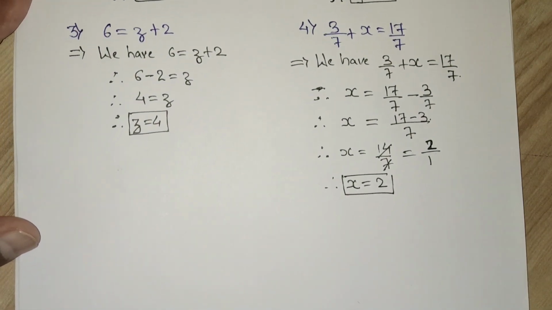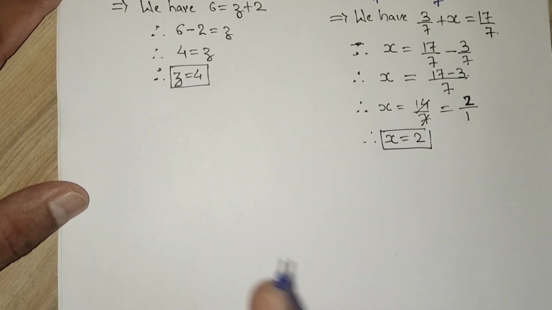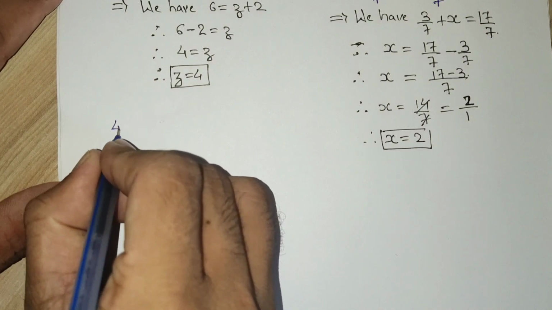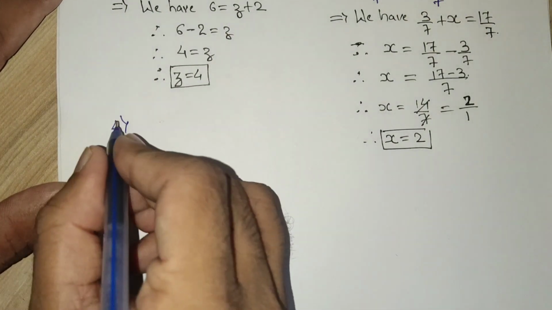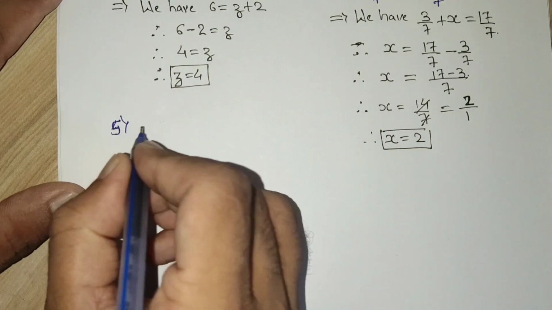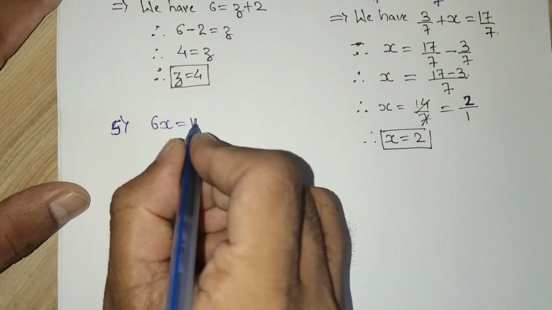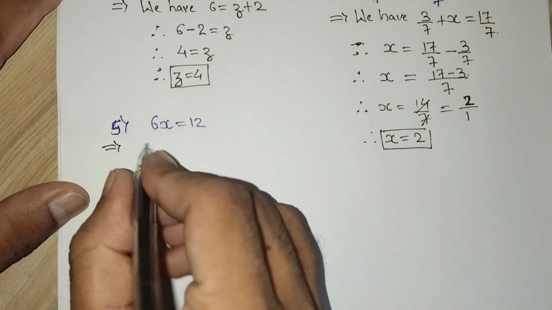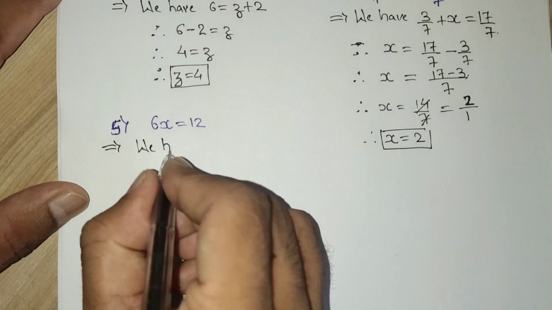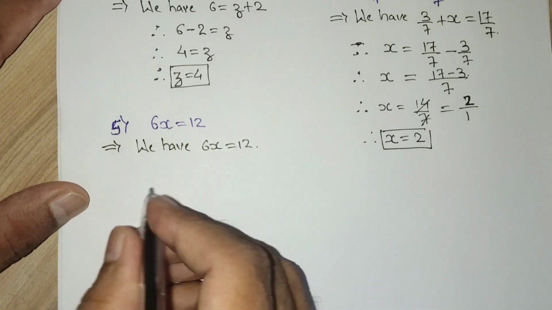Let us move to the fourth part of exercise 2.1. Question number 5. Fourth we have already finished. 6x is equal to 12. We have 6x is equal to 12.